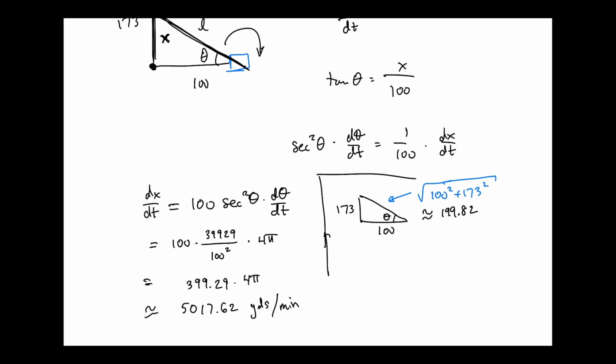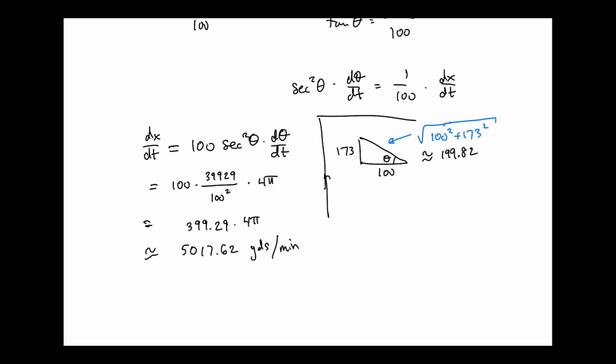How fast is a yard per minute? Kind of slow. 5,000 of them surely isn't. So let's convert this to feet per second, which is maybe a unit that would make more sense to us. So how am I going to do that?